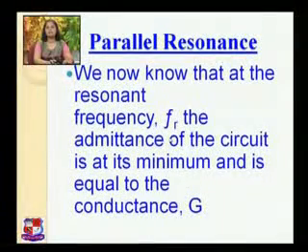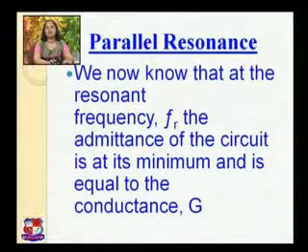We know that at the resonance frequency Fr, the admittance of the circuit is at minimum and is equal to the conductance, because the susceptance part, or you can say the imaginary part of Y, is equal to 0 at the time of resonance.